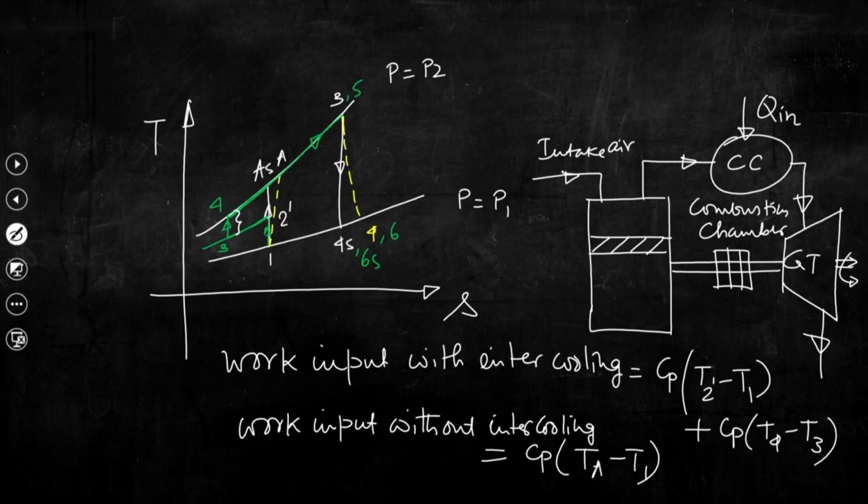We have drawn two constant pressure lines here, and we can see these lines diverge as we move from left to right, and hence it is easily understandable that Ta minus T2 prime is certainly greater than T4 minus T3, right. T4 minus T3 is this and Ta minus T2 prime is this. So, certainly Ta minus T2 prime is greater than T4 minus T3, that we can get from this Ts plane.